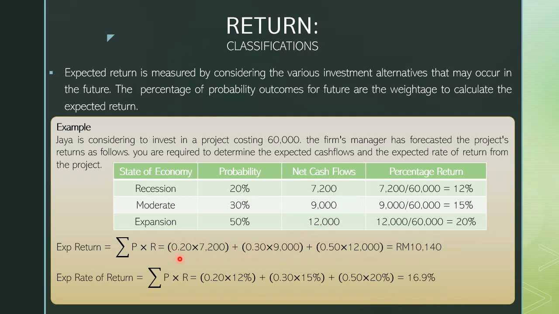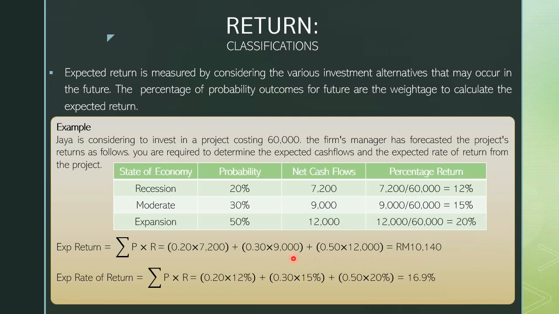So please do not use percentage form, convert it into decimal point. The probability is the weightage, so the probability must always equal to 1. So make it into 0.2, 0.3 and 0.5.